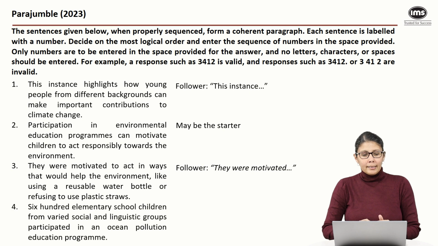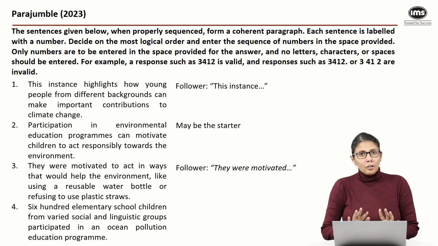Now the fourth one says 600 elementary school children from varied social and linguistic groups participated in an ocean pollution education program. When we give you a very specific example, clearly it is an illustration of something that we have already said. Usually the topic sentence is a general statement.